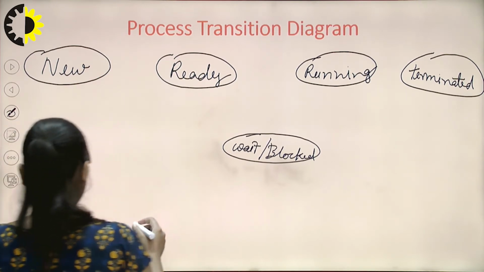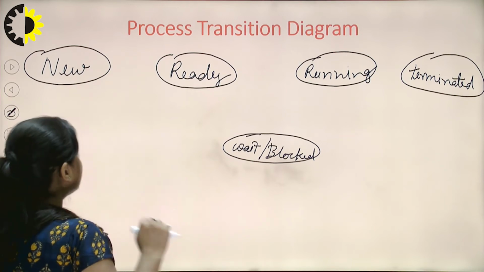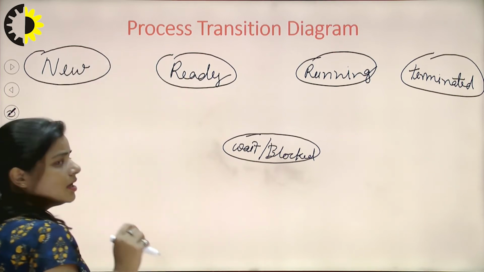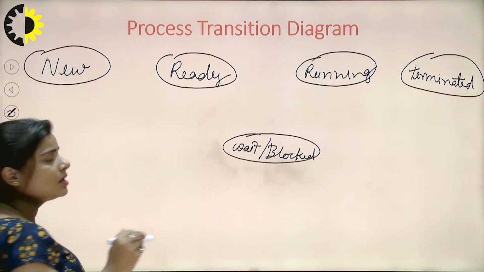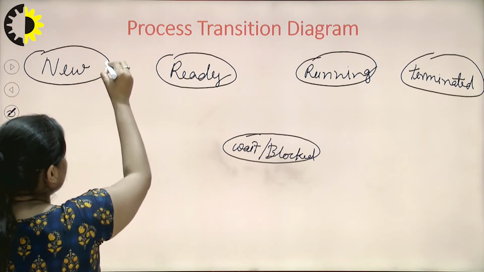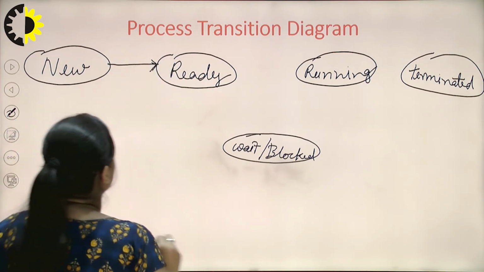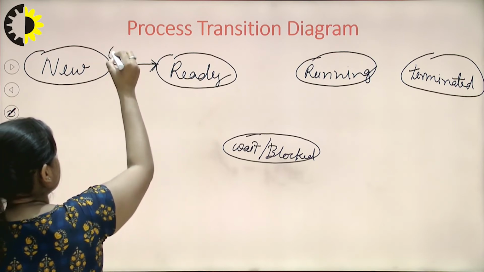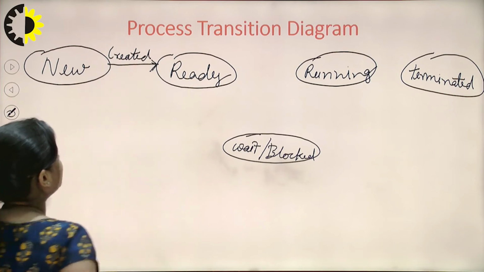So, whenever a process is going to be created or is created, it comes under new state. Let's suppose we are having a process which is already in new state. So, it will move towards ready state whenever the process is created. Okay.